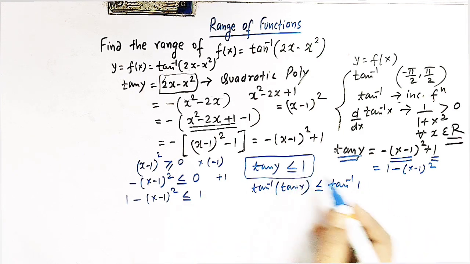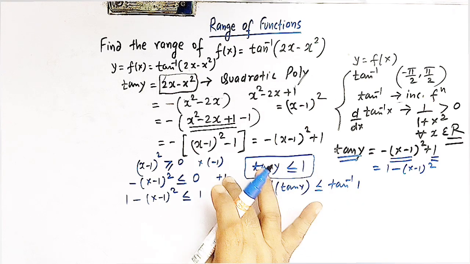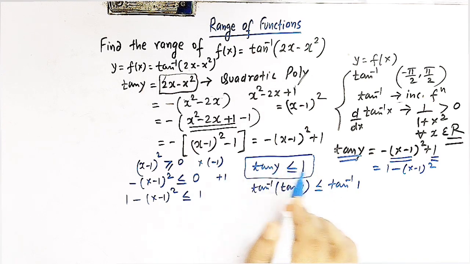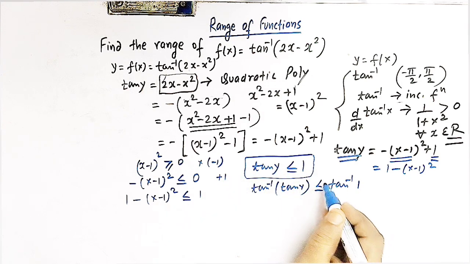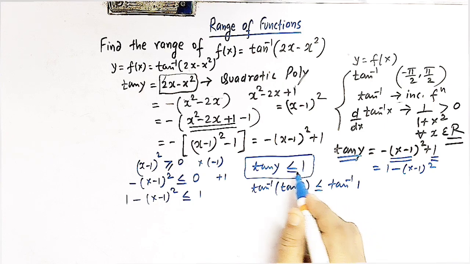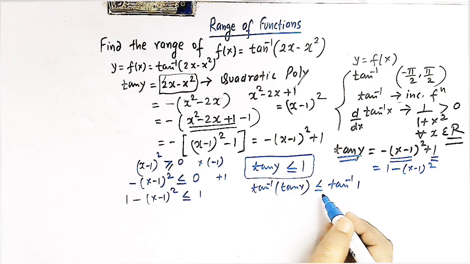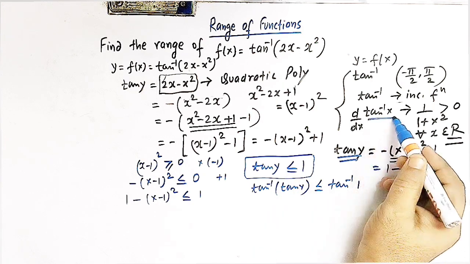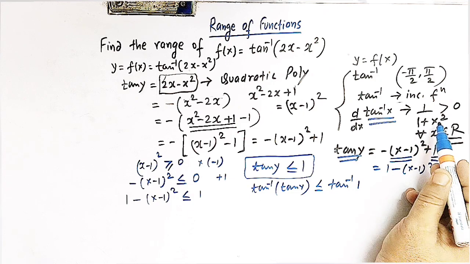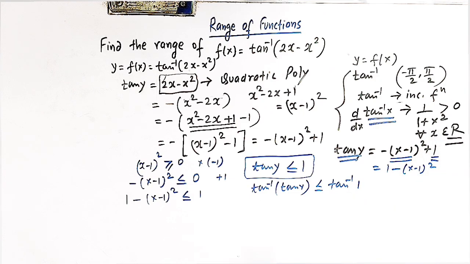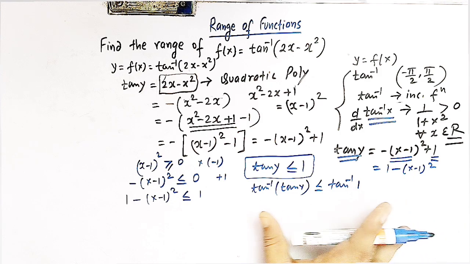So what we have done here, we have taken tangent inverse of both sides. But here see, the direction of the inequality doesn't change, because tan inverse x is an increasing function, right? So the direction of the inequality remains the same.